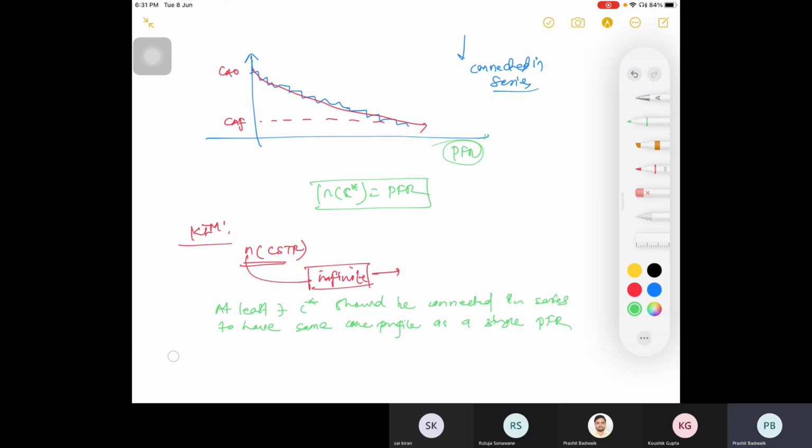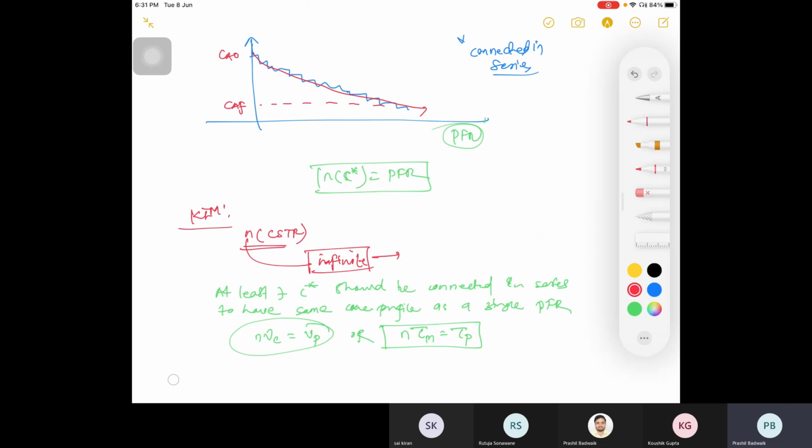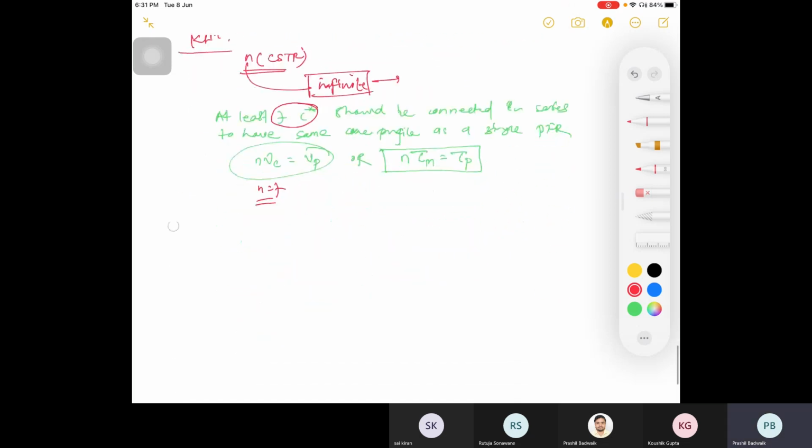And the condition is that total volume of individual CSTRs, n into Vc, is equal to the volume of PFR, or n times tau of individual MFR is equal to total PFR. Based on this condition, at least 7 CSTRs, so n equals 7, gives the same concentration profile or contacting behavior as PFR. Okay, so this was about your proof.